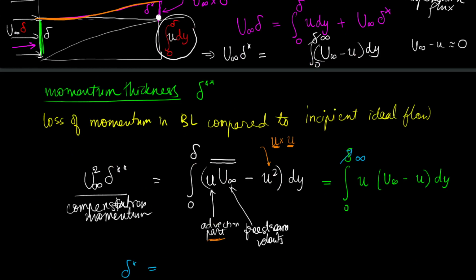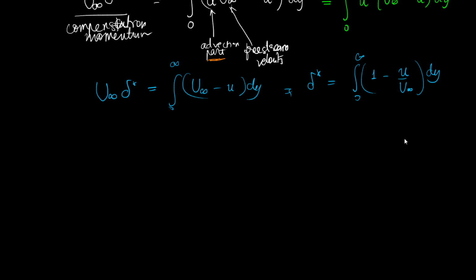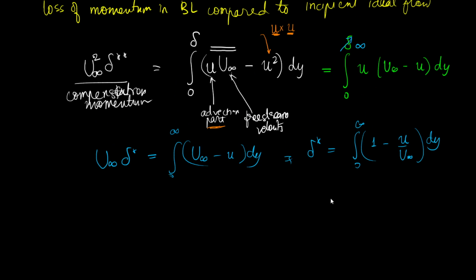In fact, let me write it down. u infinity delta star is equal to integral u infinity minus u dy going from 0 to infinity, and this implies delta star is equal to integral 0 to infinity 1 minus u upon u infinity dy, and the momentum thickness delta double star. So if you just divide everything by u infinity square, this becomes 0 to infinity u by u infinity times 1 minus u by u infinity.